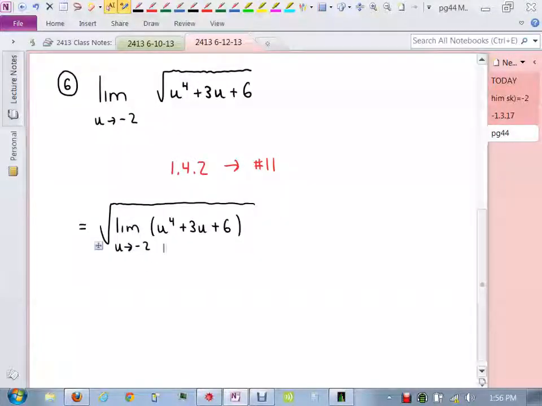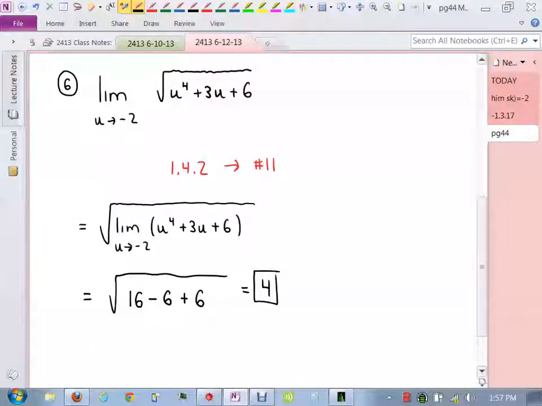And now I'm taking the limit of a polynomial, so I can use the direct substitution property. What would you get if you plug -2 in there? Square root of -2 to the 4th is what? 16, right? I'm doing one at a time. -2 to the 4th is 16 plus 3 times -2 is -6 plus 6. Y'all follow what I did there? Okay, and what is that? 4. So you get 4.